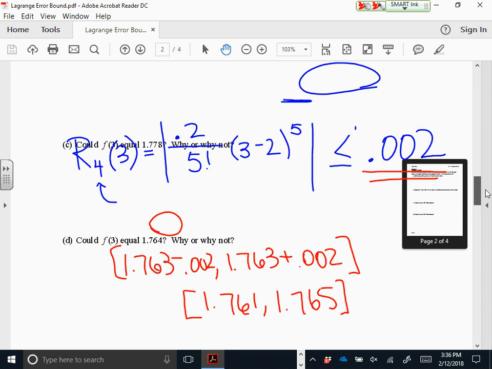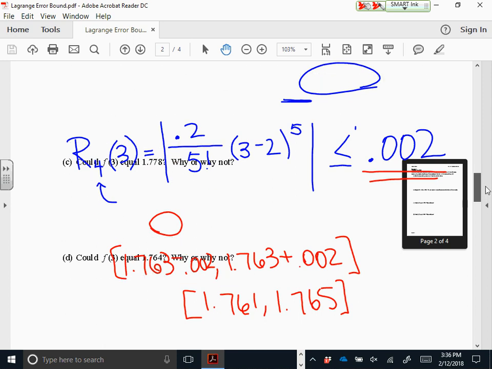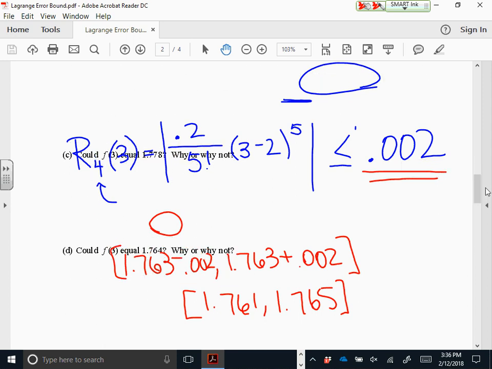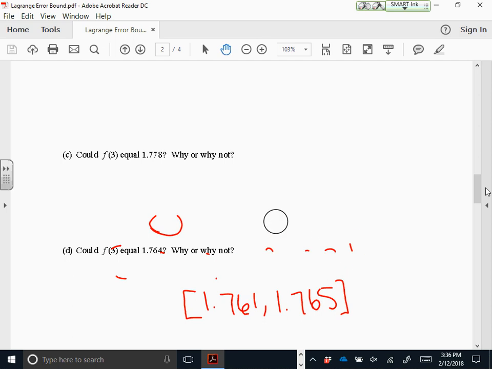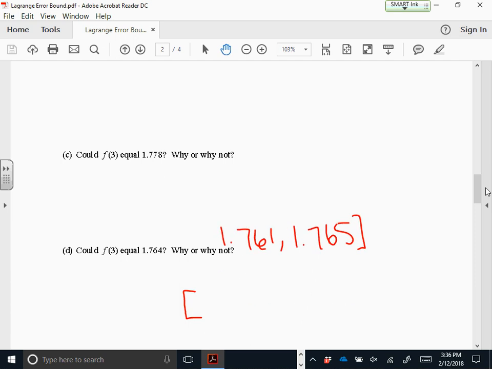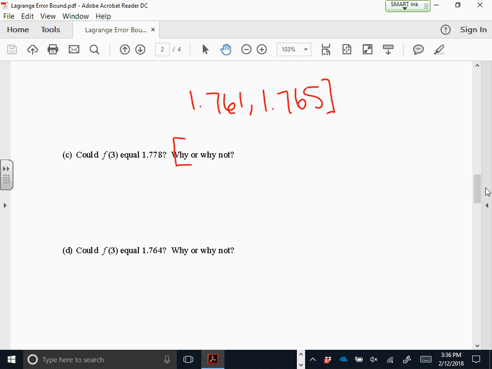Okay, now I'm going to erase this here. I'm going to pull this interval. Cool. So could f of 3 equal 1.778?